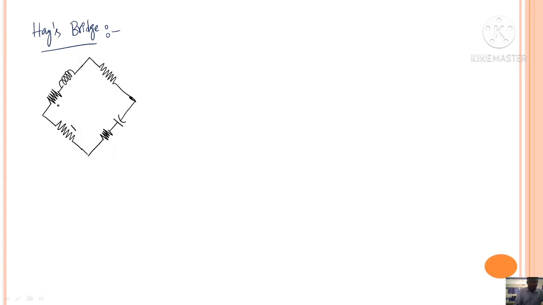So here you will have R1 and here you have L1. Here we can consider this as R2, sorry, I am considering this as R2 and this as R3. Here you will have R4 and C4. So as usual, we'll connect the detector here and we'll connect the AC source here.